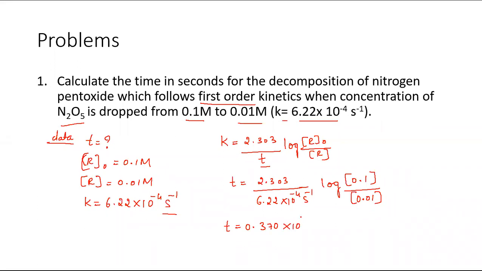When it comes to the numerator, it becomes plus 4. Per second becomes second. When coming to this, log 0.1 divided by 0.01 is nothing but 10. 0.1 divided by 0.01 is 10. Okay. So log 10 value is constant. You have to remember this. Log 10 is how much? 1.